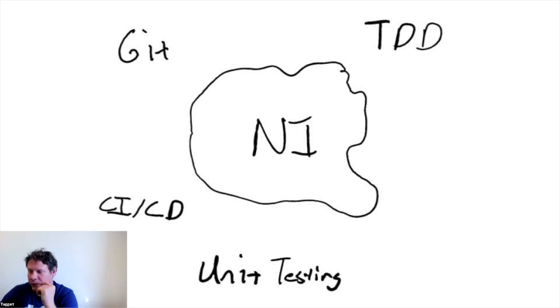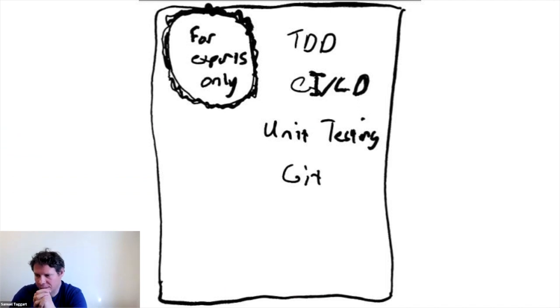And one of my personal pet peeves is that NI takes these topics like test-driven development, CI/CD, unit testing, and Git, and it puts this expert badge on them because they only teach them in the advanced classes. And I really think, with the exception of CI/CD, unit testing and using Git and test-driven development are things that could be taught to complete beginners. I think one of the first things you should do is create a Git repository and check your code in as you're making changes to it.